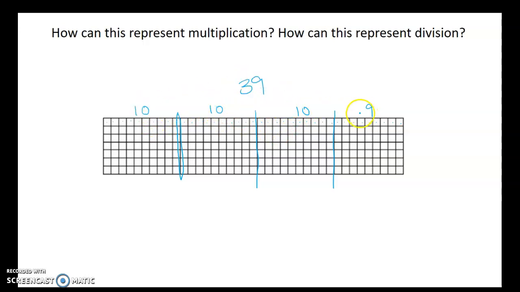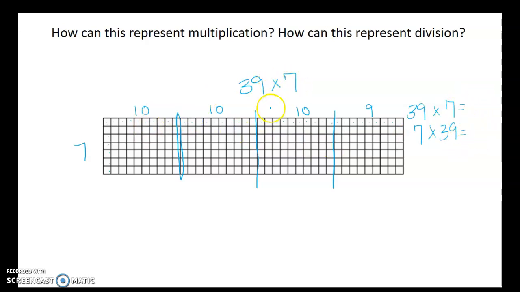10, 20, 39. Now I'm going to count down and go 1, 2, 3, 4, 5, 6, 7. So 39 times 7, that's my equation. All right, so 39 times 7 or 7 times 39. Either of those work. Now I need to know my total.